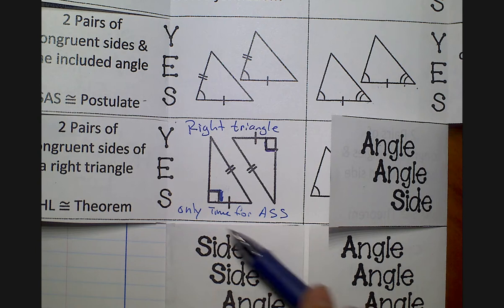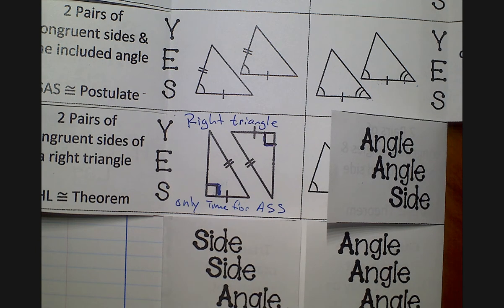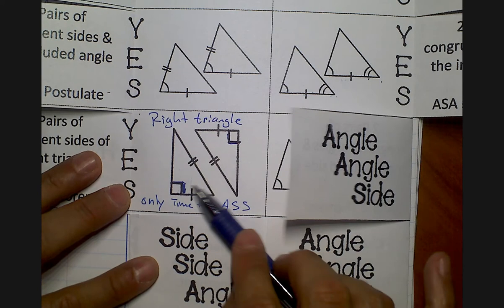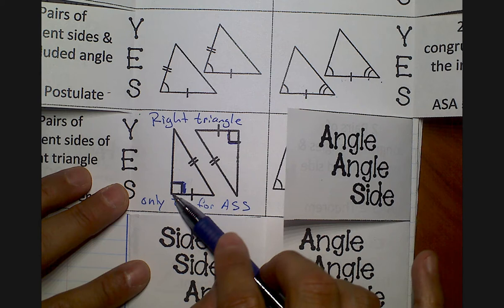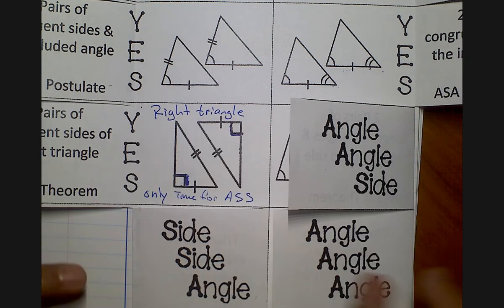Okay? It's the only time for ASS because it is angle, side, side. Now, because it is hypotenuse leg, it has to be a right triangle for it to be angle, side, side. That's the only way it is.